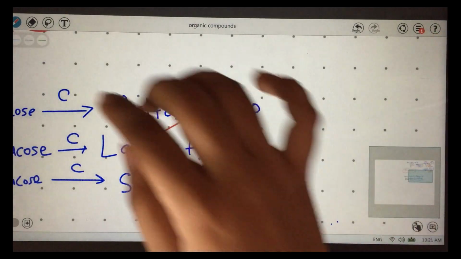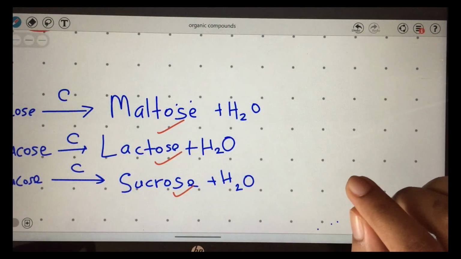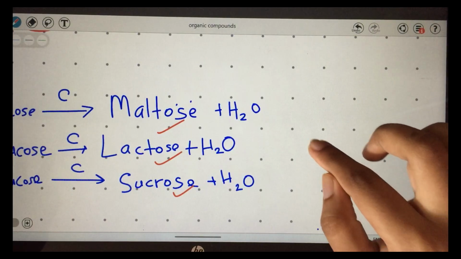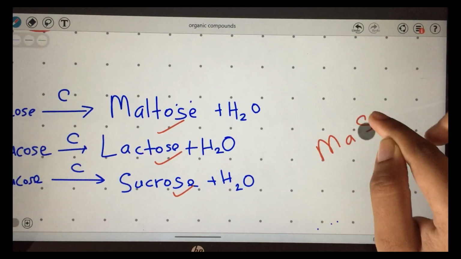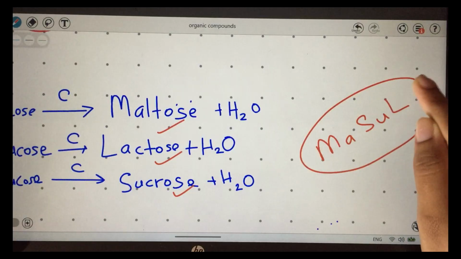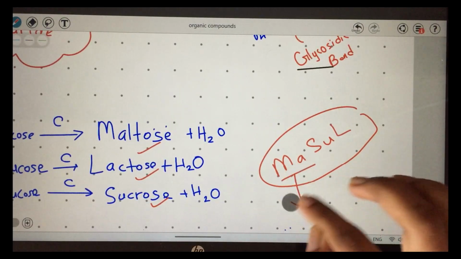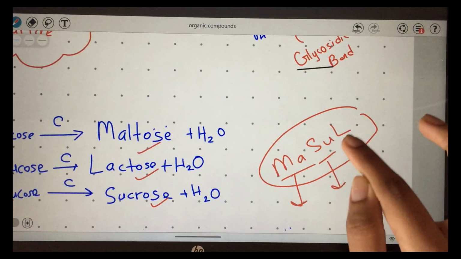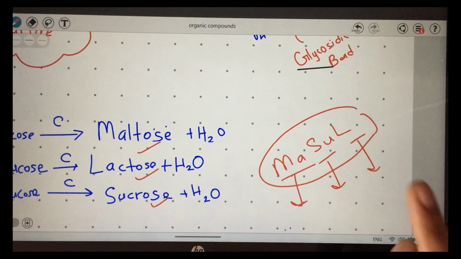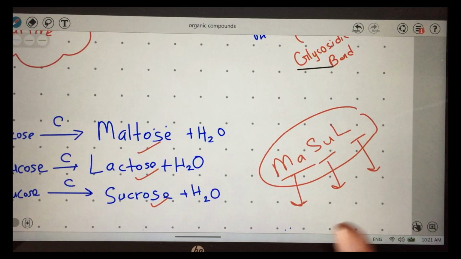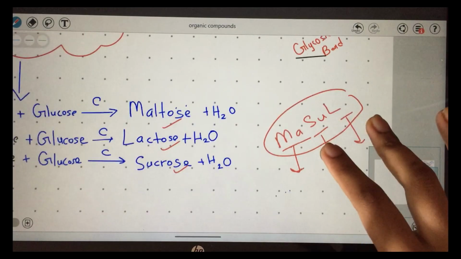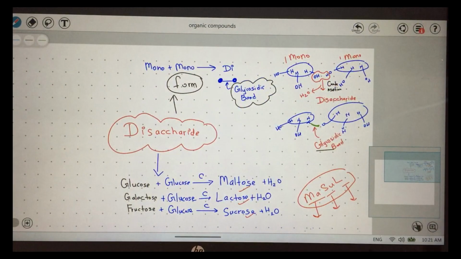So I just remember the three disaccharide examples. Masul. Okay, I know it's a very dumb example, but just remember it. Ma means what? Maltose. Su means what? Sucrose. L for lactose. These three are what? Disaccharides. Anything else is not going to be a disaccharide according to me. Why? I don't have to know anything else beyond this. So masul is going to be what? Example for disaccharide. Okay.